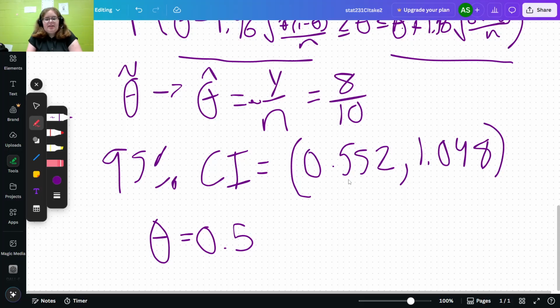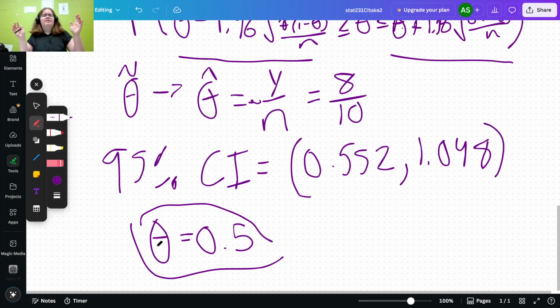And this interval means that we are 95% confident that the true value of theta, the probability of getting a head, is in this interval. So if I'm 95% confident that theta is in this interval, and the theta for a fair coin is not in that interval, that means I'm not very confident that this is the real value of theta. In other words, we have evidence to suggest that this is not a fair coin.